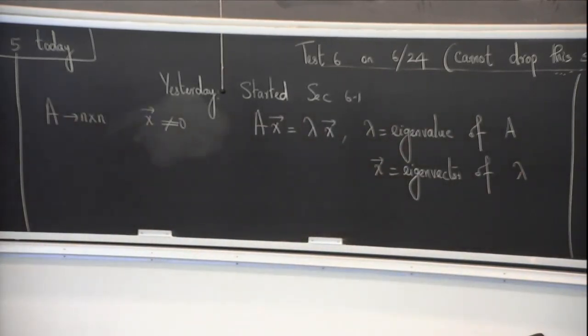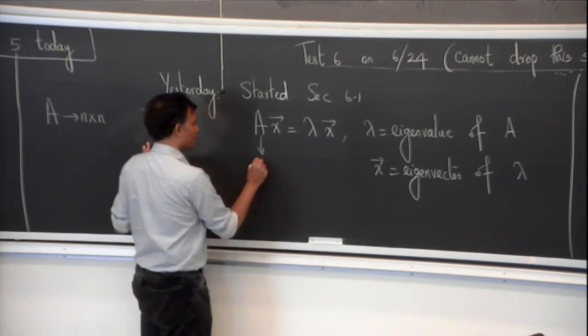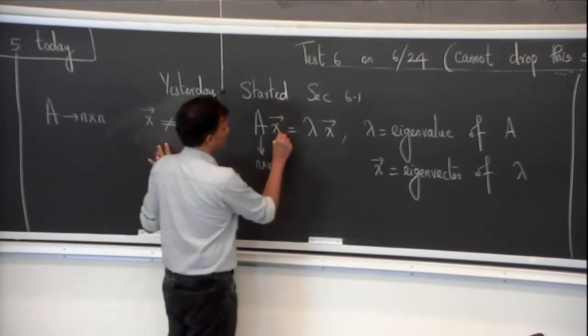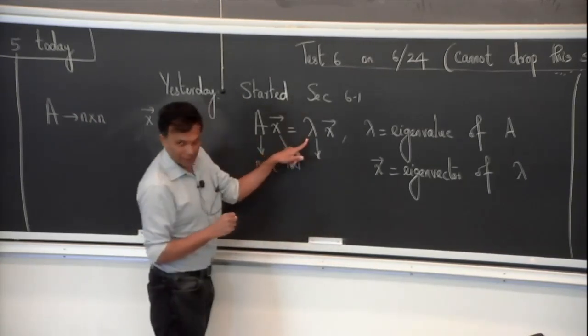So we just mentioned that we didn't do any calculations yesterday. So let's try to work through a few simple examples just to show what exactly we are trying to do here. Remember that this is an n by n matrix. This is an n by 1 vector. And don't forget this is a number. Okay, that's a scalar.